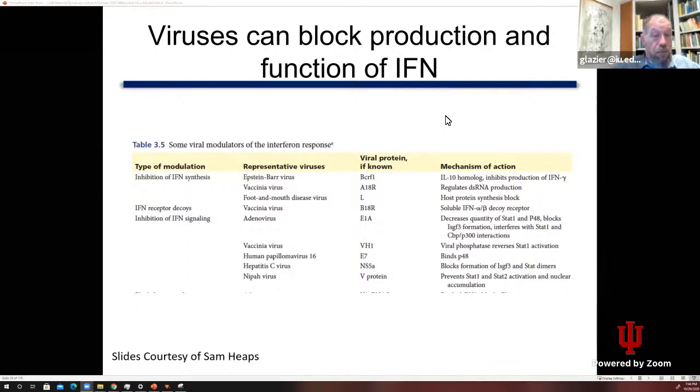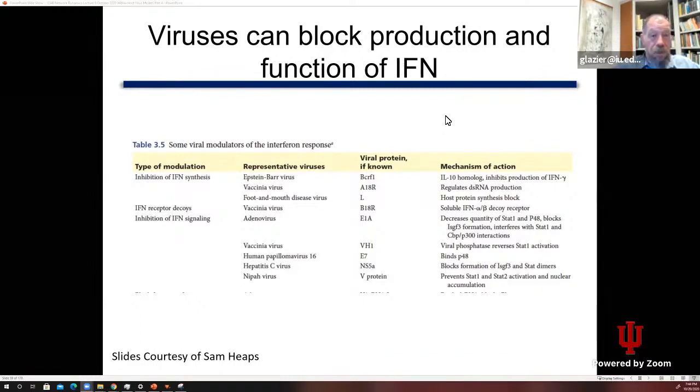There is a particular protein produced by influenza, NS1. NS1 blocks interferon production by cells. If you take an influenza virus and you knock out the NS1 gene that produces NS1, the influenza virus can still infect cells.